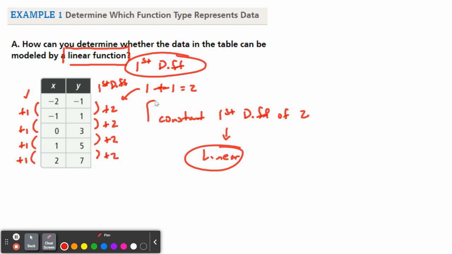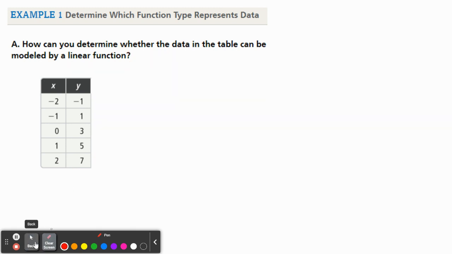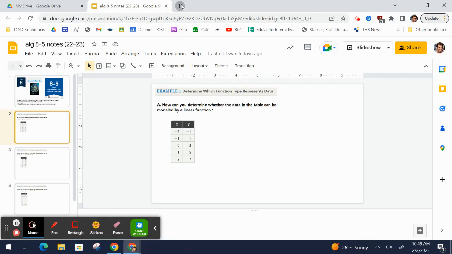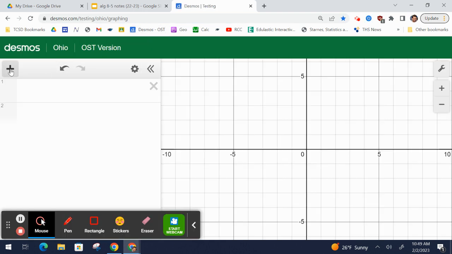And this is the idea. Now I'm going to quickly put this in Desmos just to show you that it's going to be linear as well. Let's open up Desmos OST. I have the numbers in front of me, so I'm going to add a table.